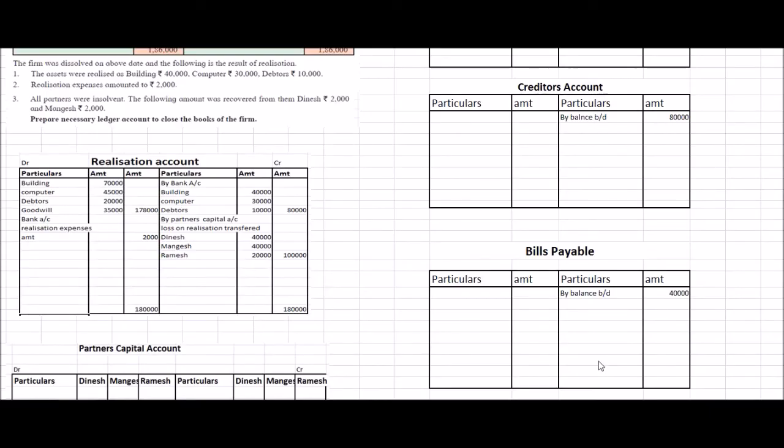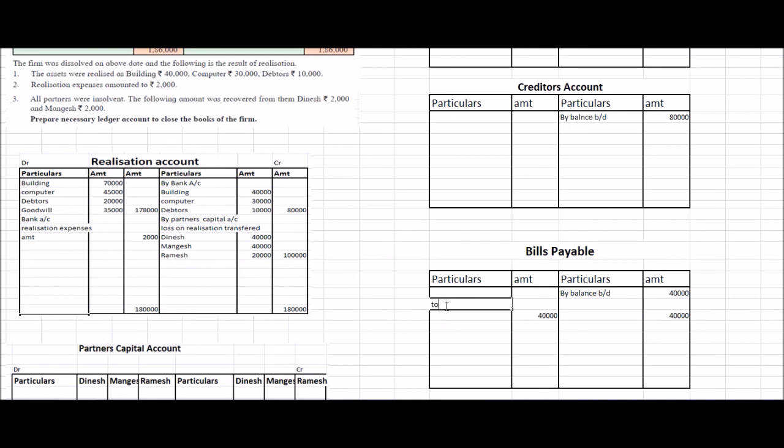Now we'll close the open balance of the creditors account and the bills payable account. By balance brought down, the credit side amount is more in the bills payable, so 40,000. It is also 40,000, and 10,000 is the bills payable. 10,000 amount is the deficiency amount.